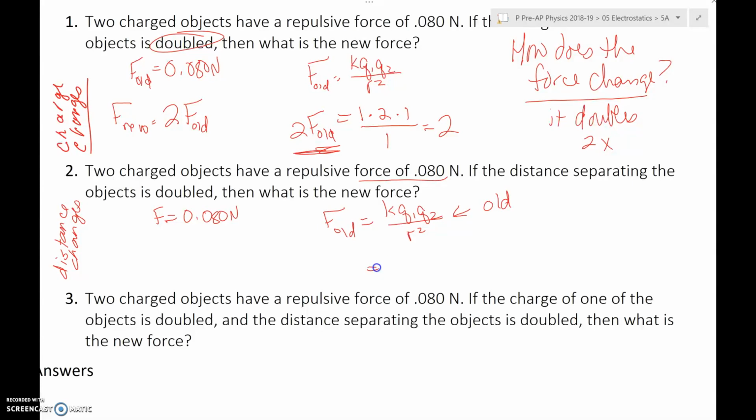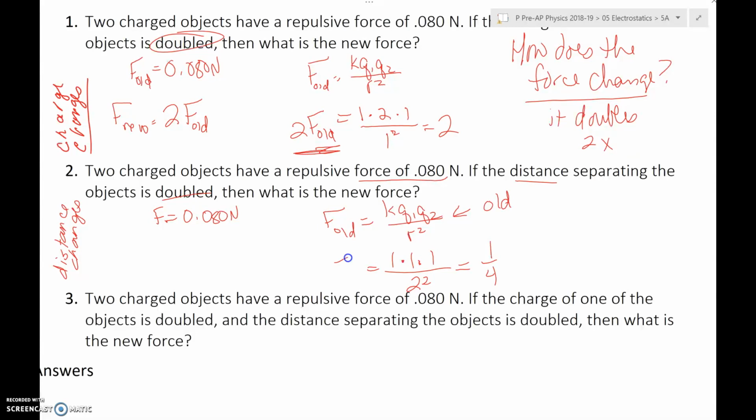Does Coulomb's constant change? No. It doesn't say anything about the charges. So if it doesn't say anything, we just put a 1 in. And it does tell us that the distance is doubled. The number for doubled is 2. And what happens to the 2? It becomes squared, which I just realized we didn't do at the top. So what value is this? 1/4.